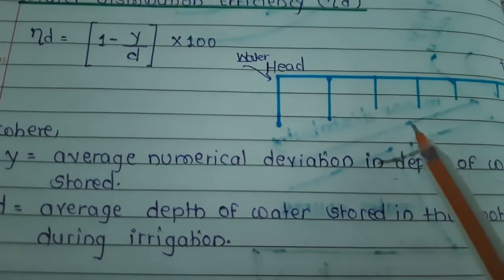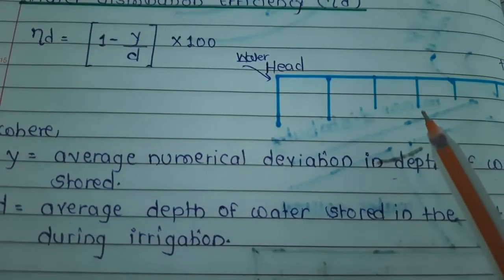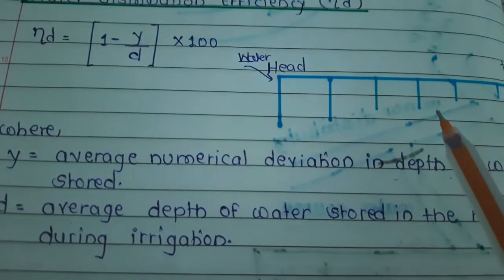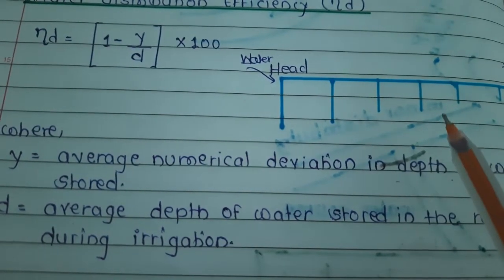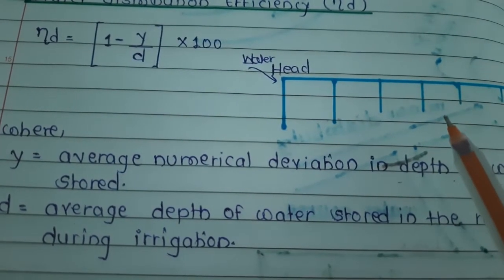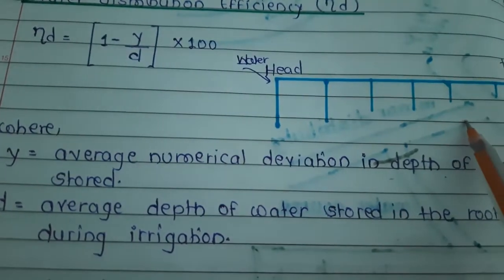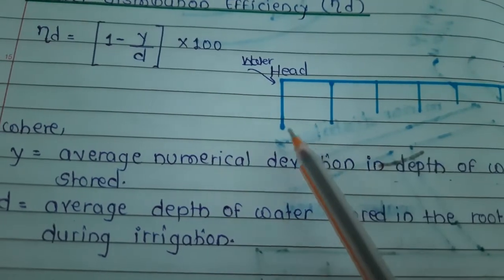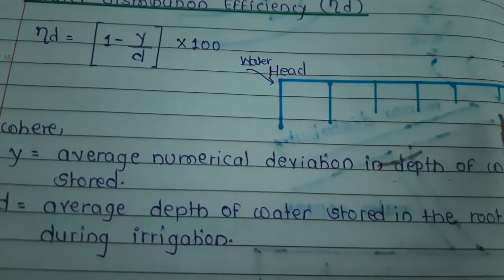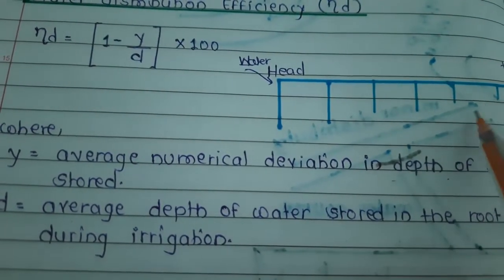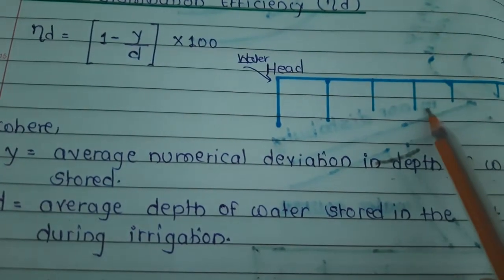We find this efficiency to find out up to which point or up to which level the water penetration is uniform from head to the tail. Penetration depth becomes less, or decreases, towards the tail.